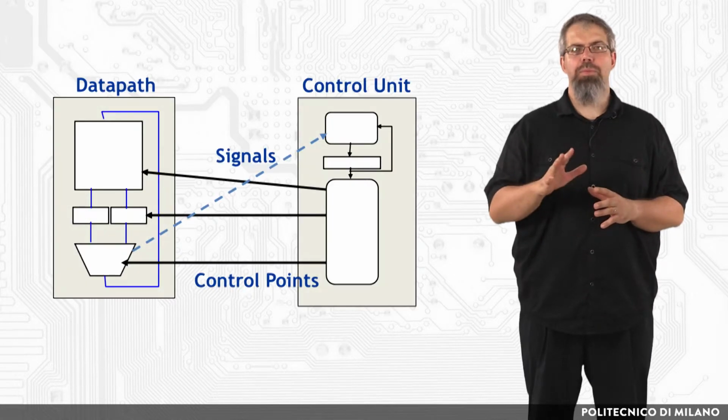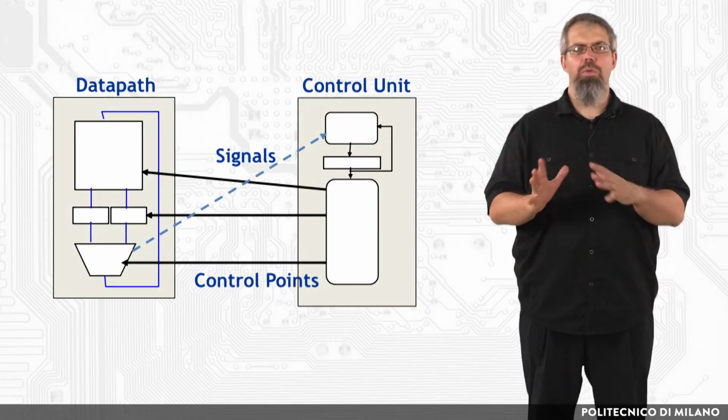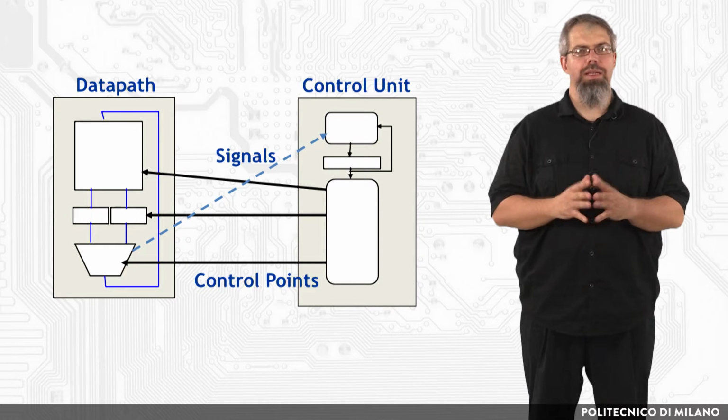To better understand such a scenario, let us briefly compare a processor's sequential execution with the intrinsic parallel nature of an FPGA implementation. In a processor, to keep it simple, we can identify two main components: a data path and a control unit.